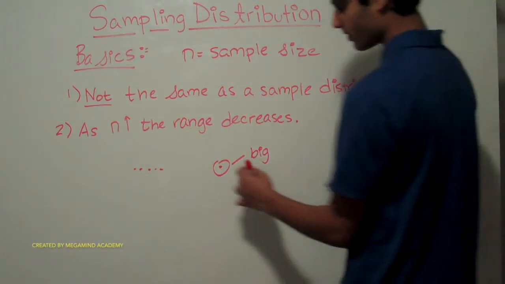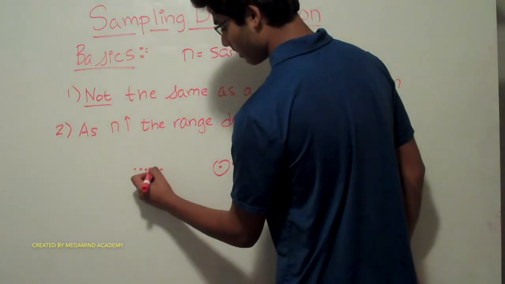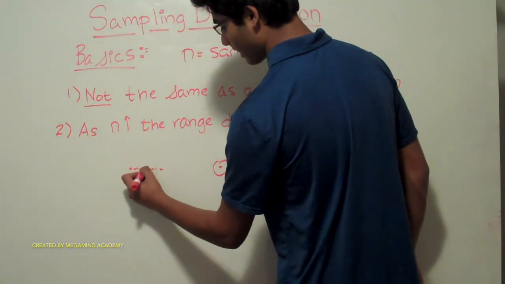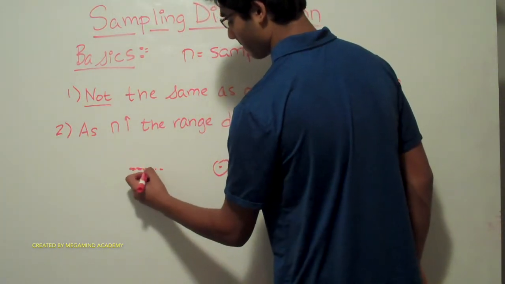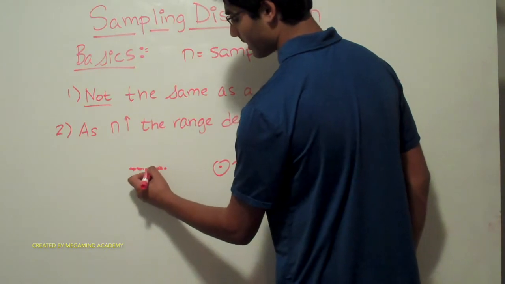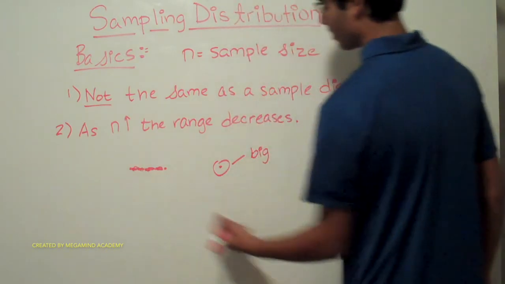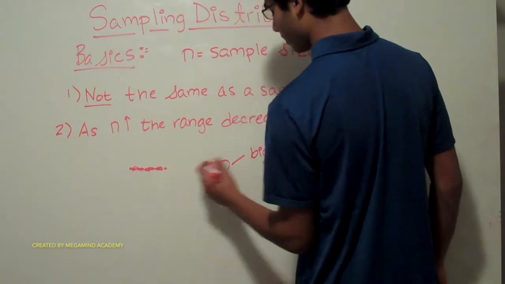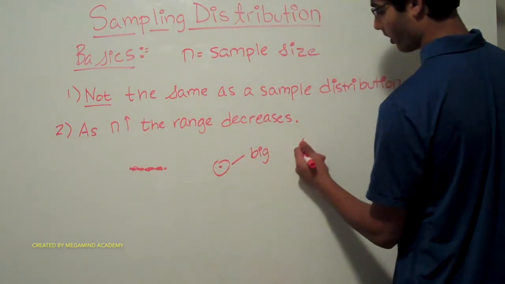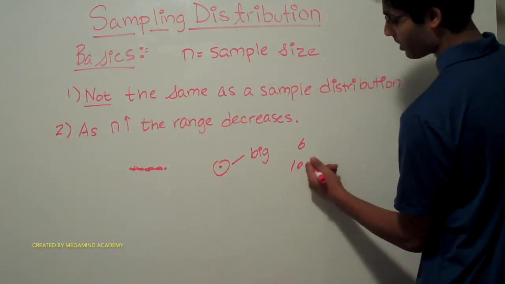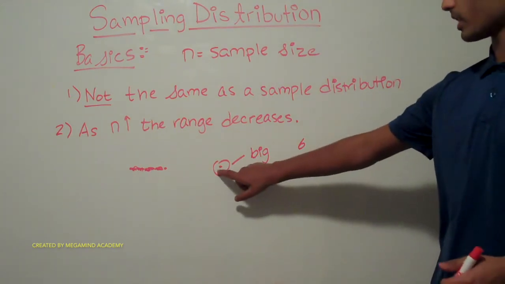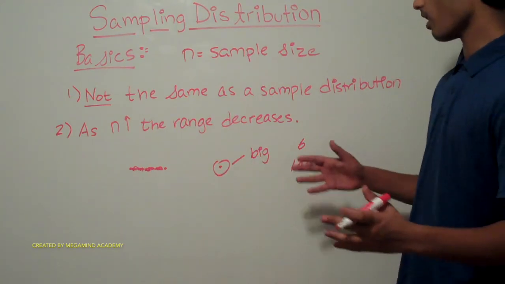If you have the same thing, but then you have a lot more values here, let's say 100 values instead of 6 before, then the impact that this one outlier is going to have is going to be a lot less.